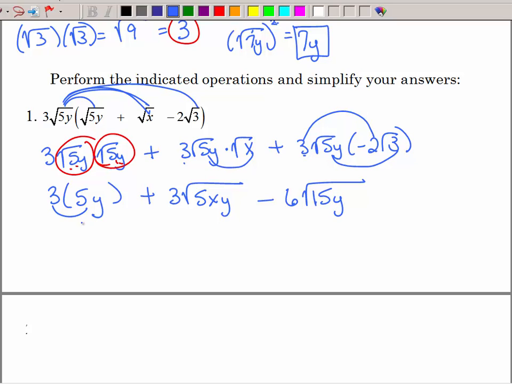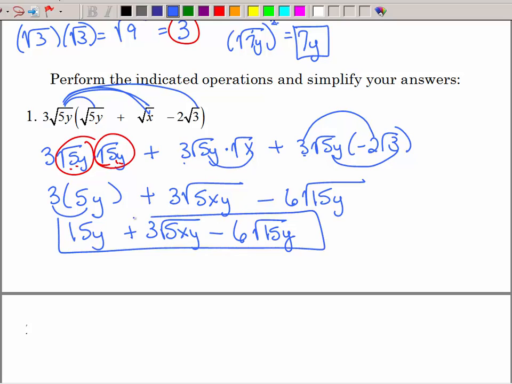Let's take one more step, that's 15y plus 3 times the square root of 5xy minus 6 times the square root of 15y. I cannot simplify any square roots. I don't see any like terms. That's it. So I have performed the indicated operations and I have simplified my answers.